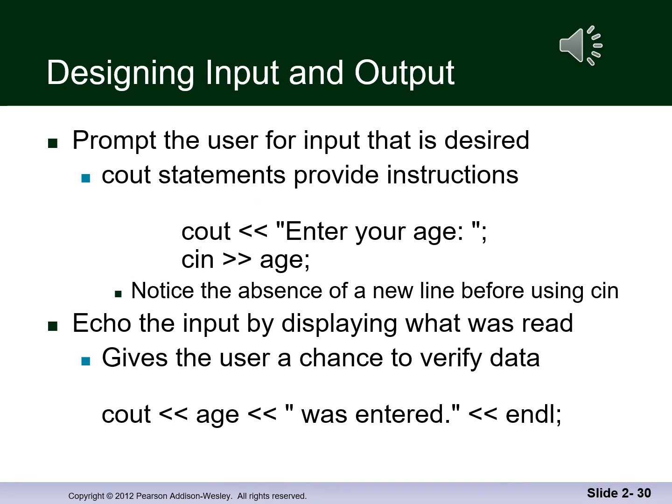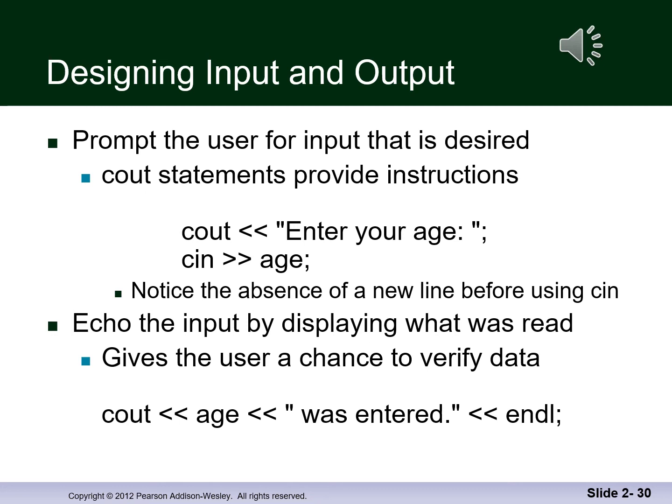You always want to prompt the user for the input that is desired, and you prompt the user with cout statements. So here's an example on this slide where you want to have the user enter a value for the variable age, and I'm assuming that would be an integer.